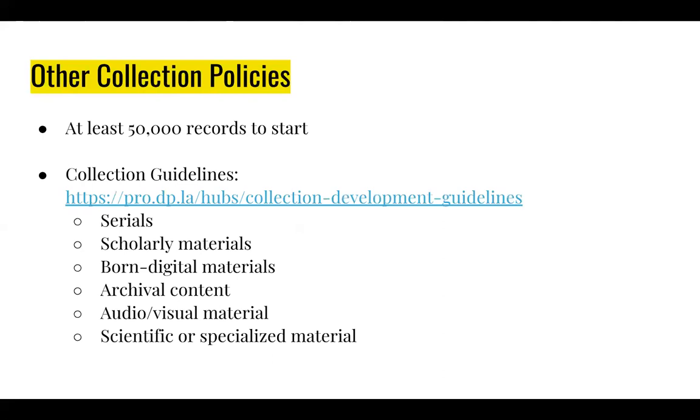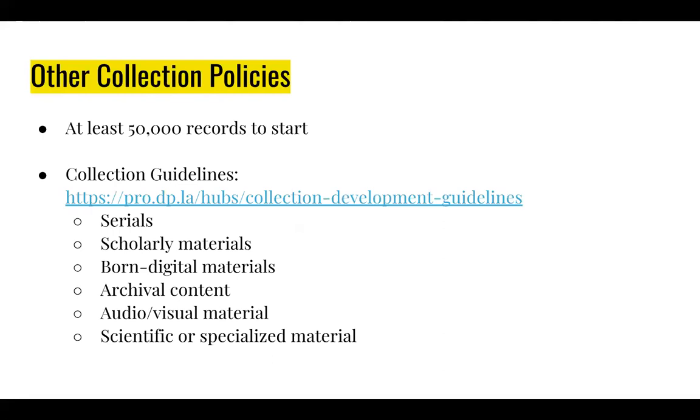Secondly, we're pretty open about the types of content that we aggregate, but at this point, we don't work with things like data sets, lecture notes, presentations, things that are more on the unpublished end of the spectrum rather than published. We do have a statement online now about our collection guidelines, and it addresses these particular categories of material.